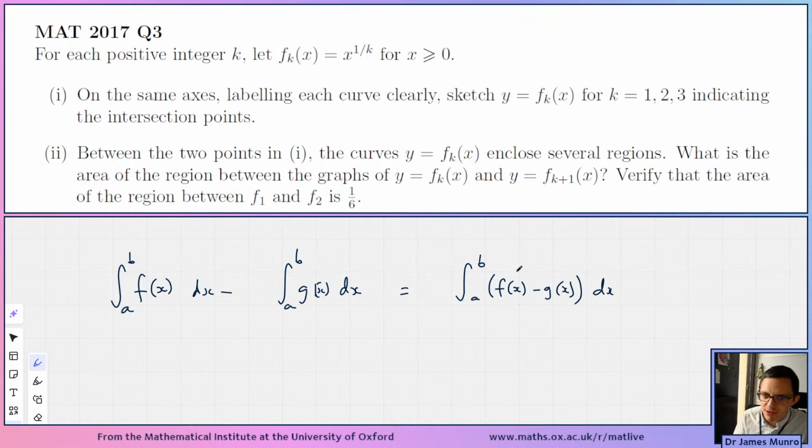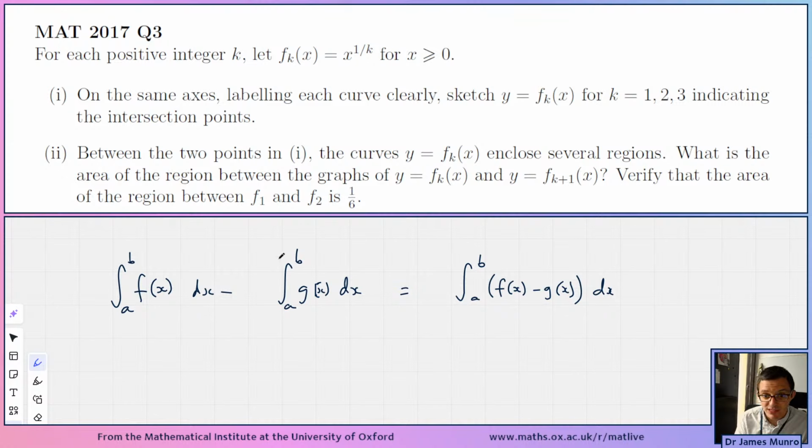I want to put brackets around the outside there to show you that it's all of this that's being integrated. You can smush them together into one integral with the difference in the functions. And that's because you know about adding together integrals, and you know that you can pull out a factor.